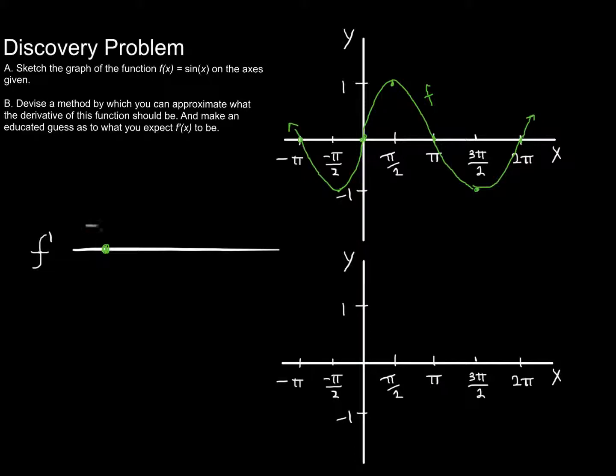So negative pi over 2, positive pi over 2, another 0, another one at 3 pi over 2. You could keep going, but for now this is plenty, and so we can mark those values down on this second graph that I've constructed. And of course, these are the points where the derivative function is going to be 0, where the slope is 0.